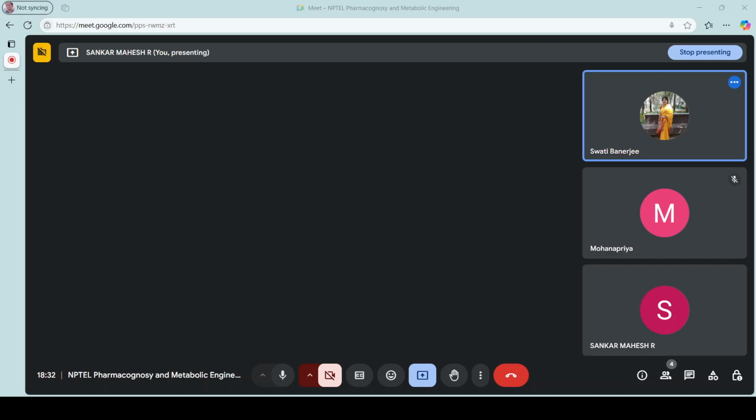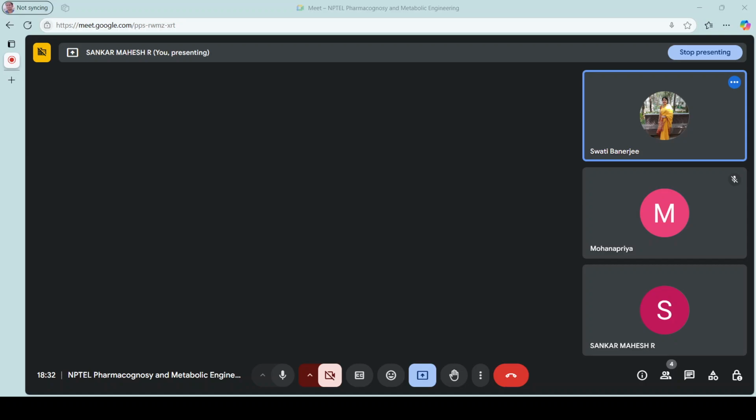Any idea about C6C1C6 or C6C3C6? C6, C3, C6, I think, is flavonoids.